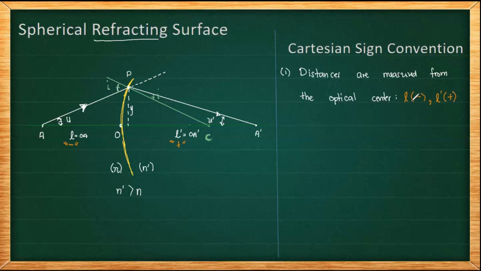So only for this image. Okay, when your image for the different refracting surface is located here on the left side, then L prime there would be negative as well. Let me just delete this one here. Just look at the figure. Okay.